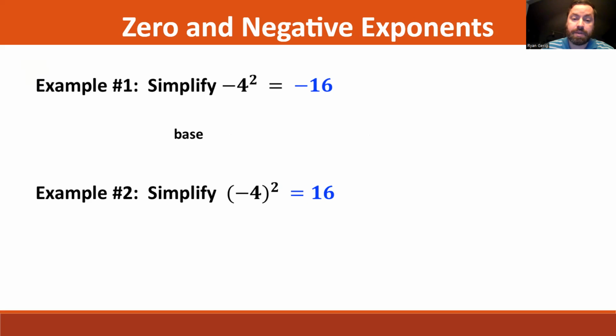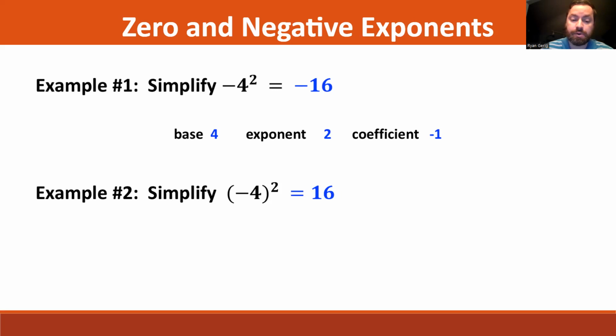The base of this first one is the 4. The exponent is the 2. And the coefficient is the -1. It's the number in front of 4. There's no parentheses holding the negative and the 4 together. Therefore, the 4 is the base, and the -1 is the coefficient.